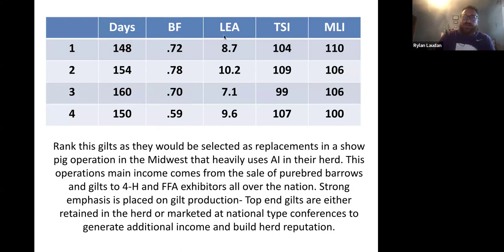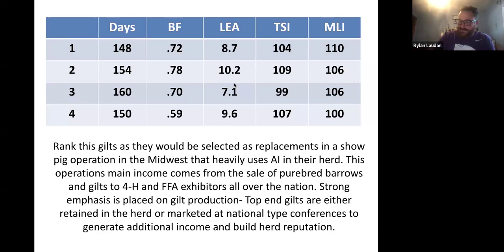Okay, then I go to LEA. All right, LEA is going to be loin eye area. Okay, so when you talk about a pork chop, we want big pork chops, right? Because big pork chops mean more meat, and we like to eat our meat. So then we're going to look at our loin eye area. So the gilt that's got the biggest top is going to be number 2.